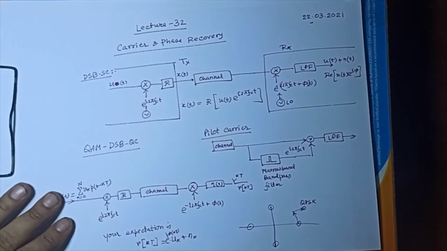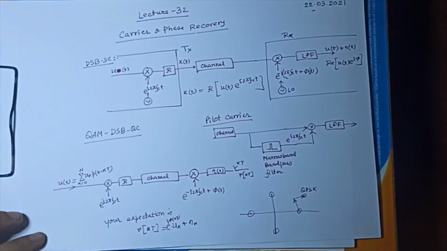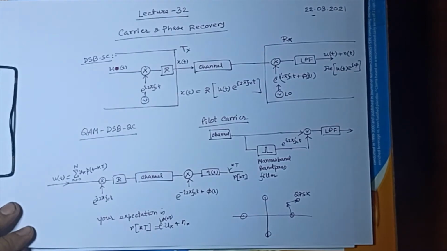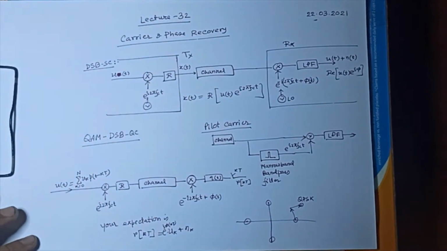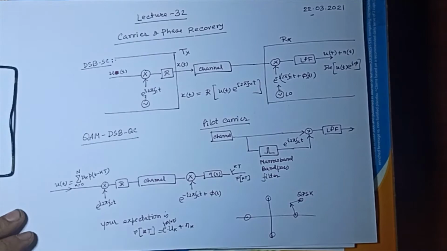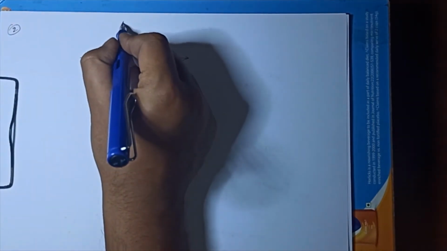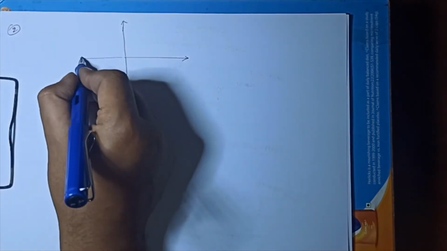But before that, let me show you that in digital communication specifically, you do not really need a pilot carrier. Rather, some pilot symbols, some initial symbols which are known to the receiver, will give you the phase information. Let me show you. Suppose the receiver knows that initially I am sending some known symbols. So in your constellation, this is the complex plane constellation of QAM.